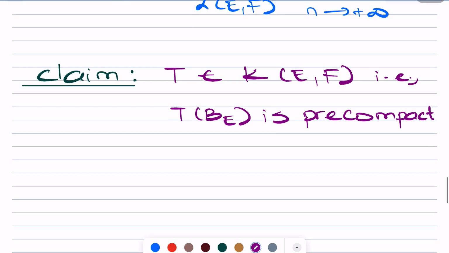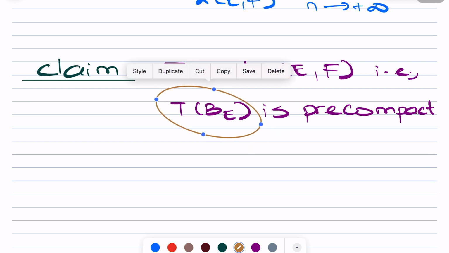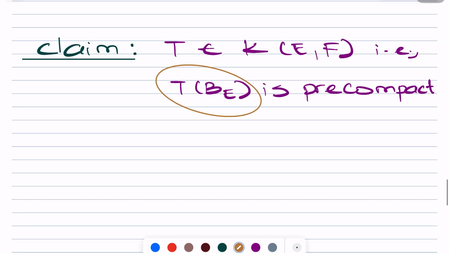But now, observe that the image of the closed unit ball is a subset of F, and F is complete.